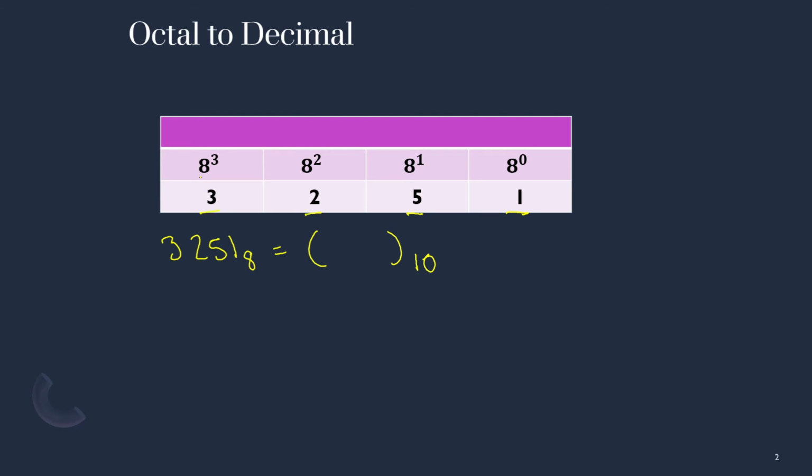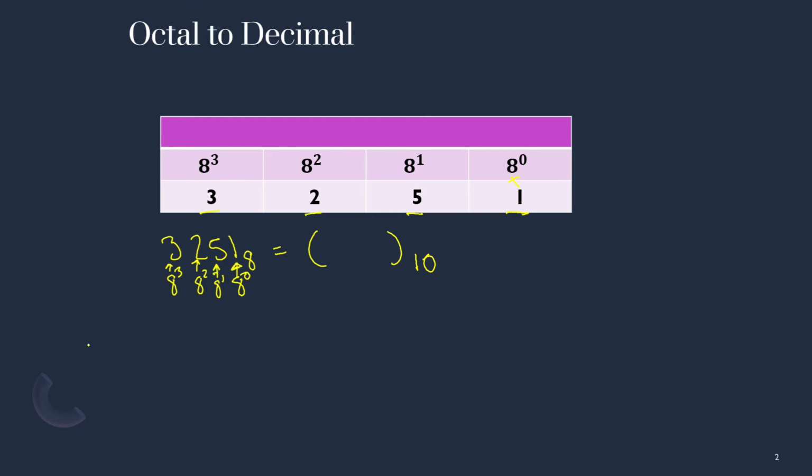For the first one it is 8 to the 0 times 1. So we're going to figure out the placeholders. And we're using 8 because we are using the octal numbering system, which has a radix of 8. And we're going to multiply and then sum up these values.